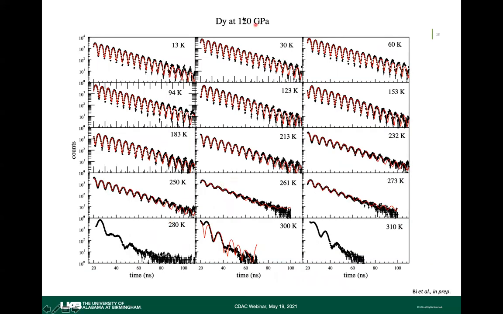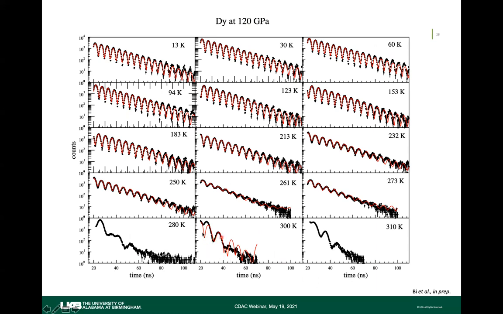But around 120 GPa, we saw something very interesting. We saw the magnetic hyperfine field persist up to 280 Kelvin. When the temperature was further increased to 300 Kelvin, the data was clearly not a magnetic hyperfine field.